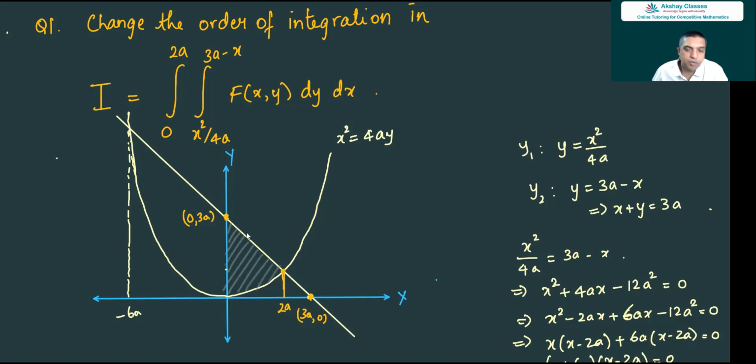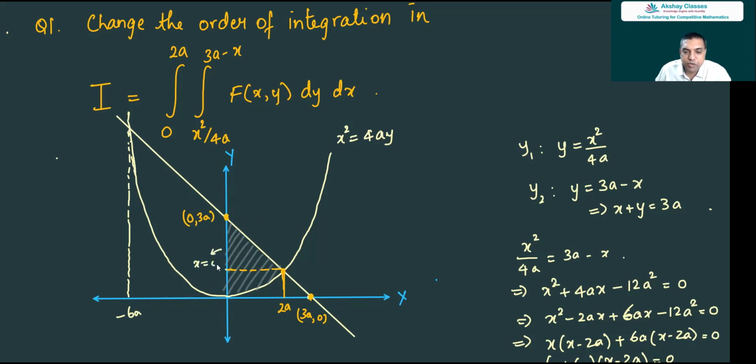As of now, the strip that is taken is the vertical strip, keeping x constant, integrating y from y1 to y2. However, now we need to change the strip. We need to integrate with respect to x first, keeping y constant. Now, what happens? One portion is the y-axis, x equal to 0.